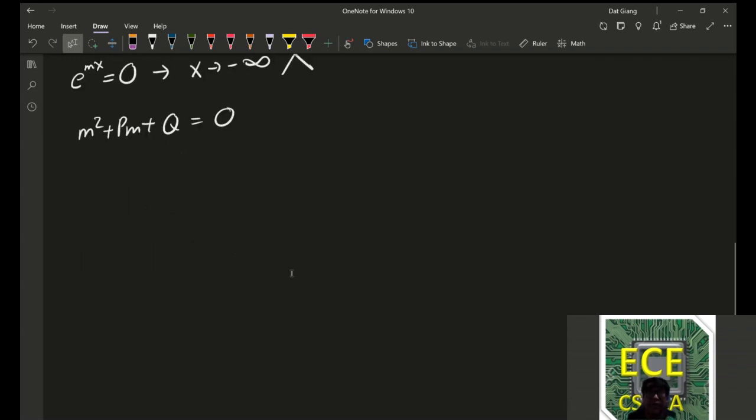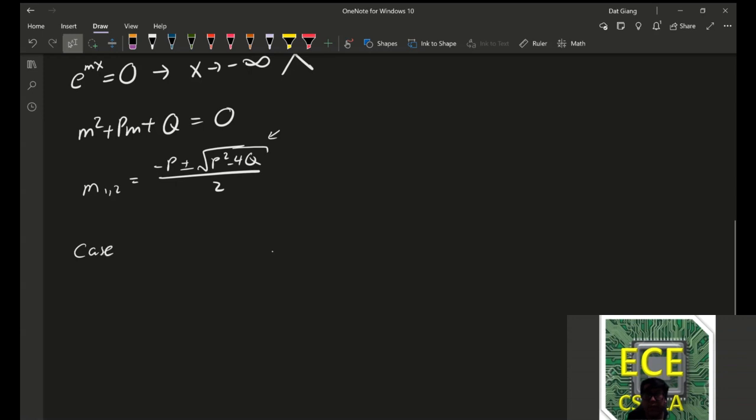Now, we can express this in the quadratic form, and we're able to solve for both solutions. m1,2 is equal to negative p plus or minus the square root of p squared minus 4q, divided by 2. Now, because of the discriminant, which is this square root right here, we have three cases.